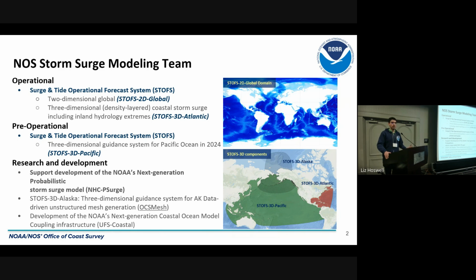That includes STOFS 3D Alaska, mesh development, as well as the UFS Coastal. Also, one thing I didn't write here is using GEFS and HAFS for ensembles for forcing SCHISM, the model behind STOFS. By the way, STOFS is forced with GFS right now, so probably the next step is GEFS.